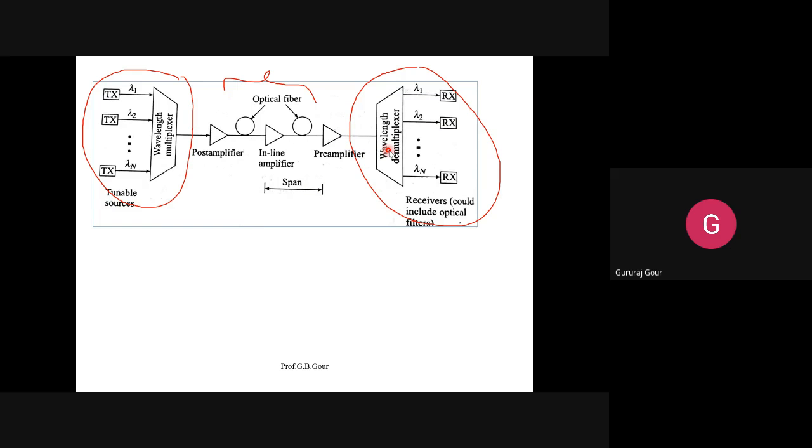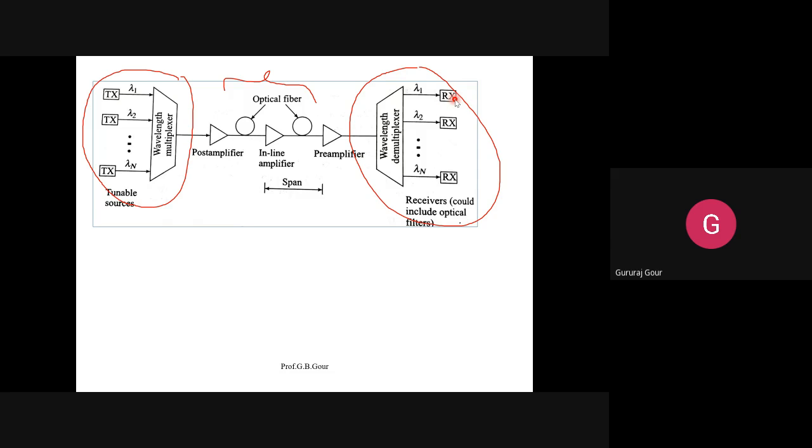And at the receiver side, if you come back here, we need a demultiplexer having the receivers and filters we want here, including optical filters. Each one is tuned to respective wavelengths, having a sharp cutoff wavelength.